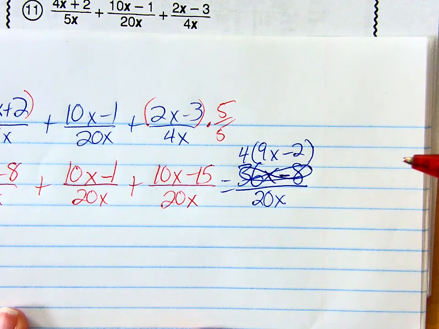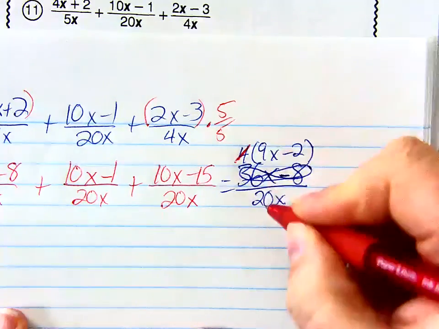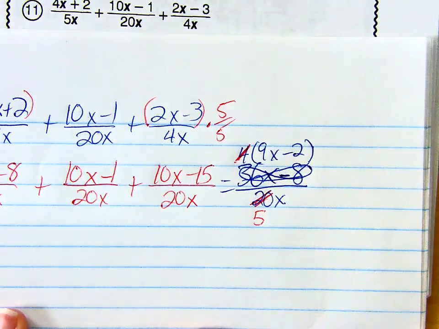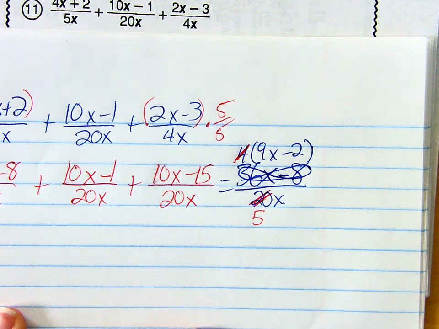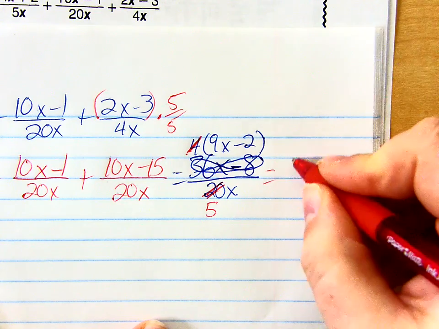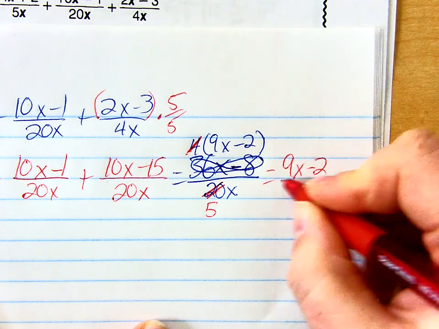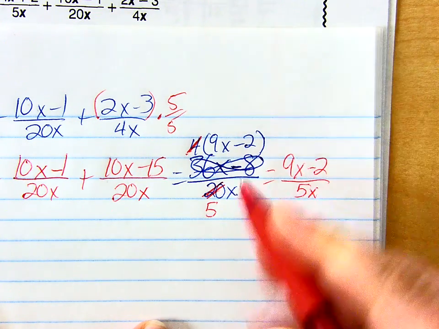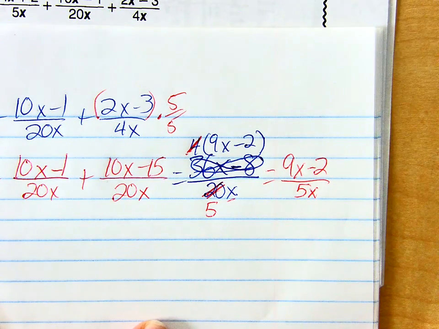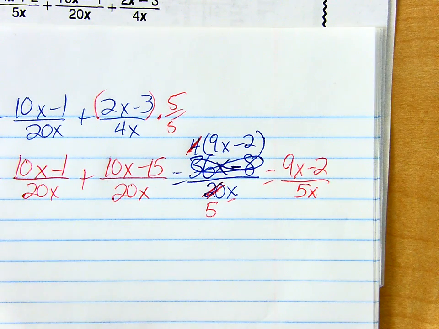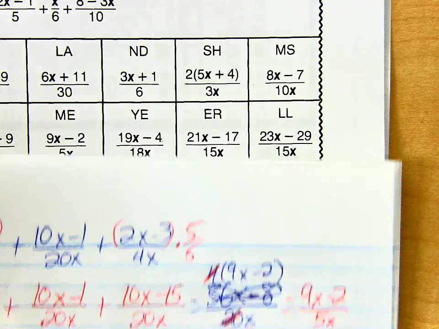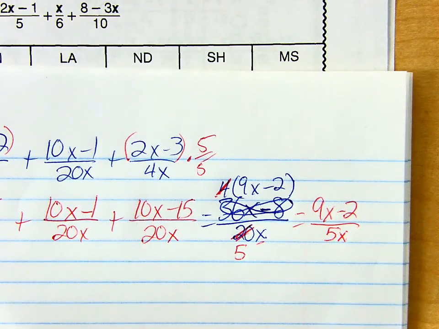What goes into 4 and 20? 4. 4 goes into 4 once, 4 goes into 20 5 times. Anything else for me to cancel or reduce? No, that's it. So if I write it nice and neat, it's 9x minus 2 all over 5x, right? Don't forget there's an x there. And there's my final answer. Was that a choice? Yay! Okay, give me another one from this page.